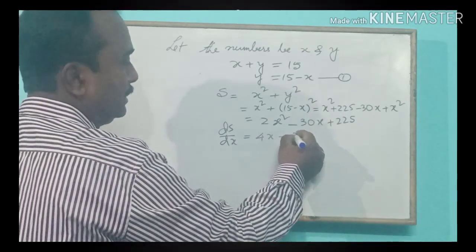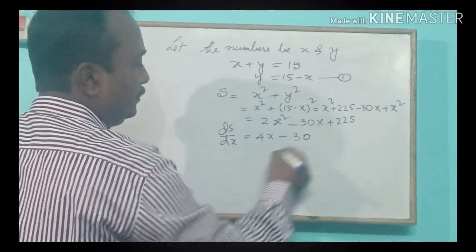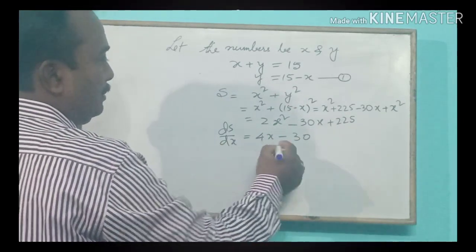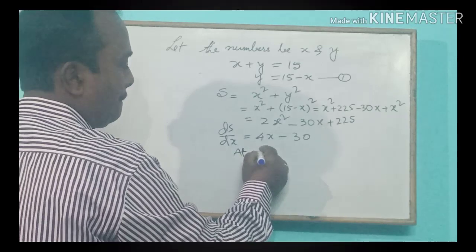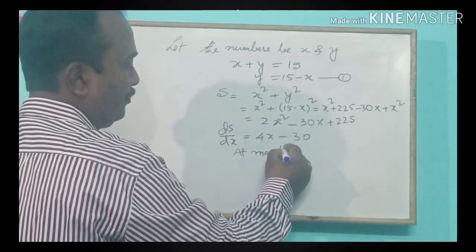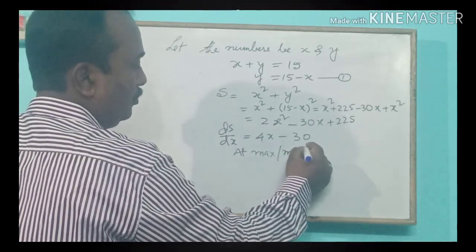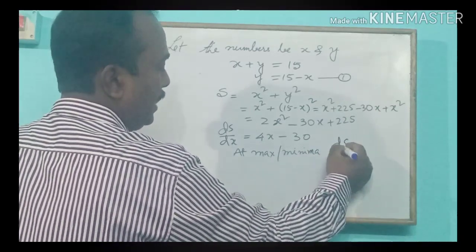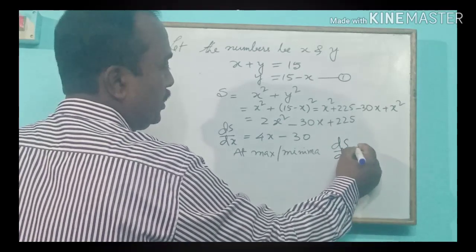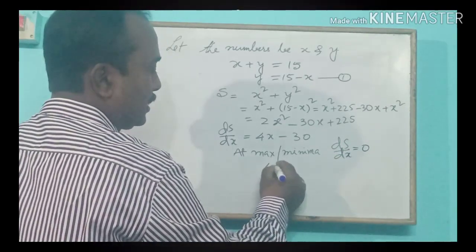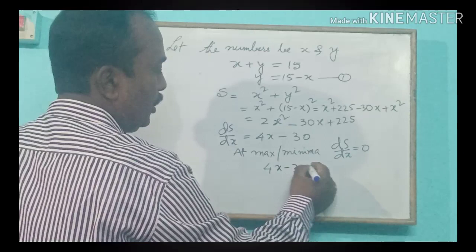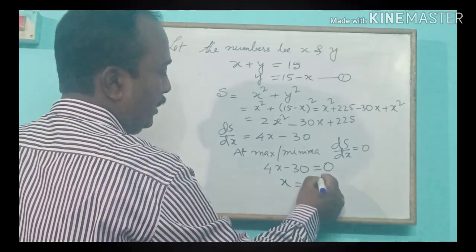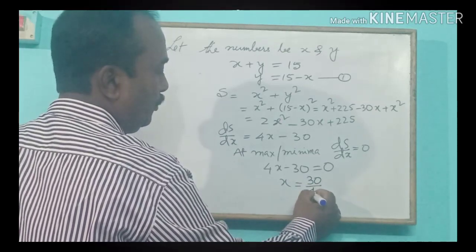minus 30, and at maxima minima ds by dx should be 0, or 4x minus 30 should be equal to 0, or x should be 30 by 4.